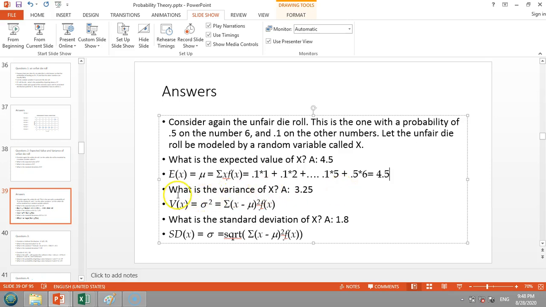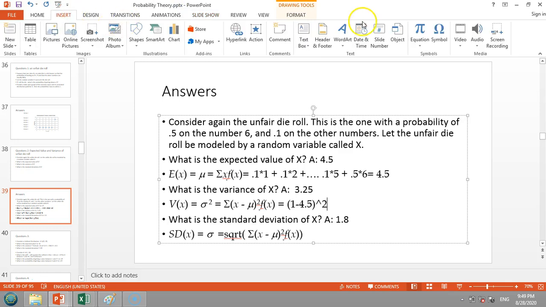What about the variance? How would you compute it? For the first outcome, which is 1, what is this going to be? Well, it's how you do it. 1 minus 4.5 squared. If you want, we can use the equation tools so it's easier to see here.